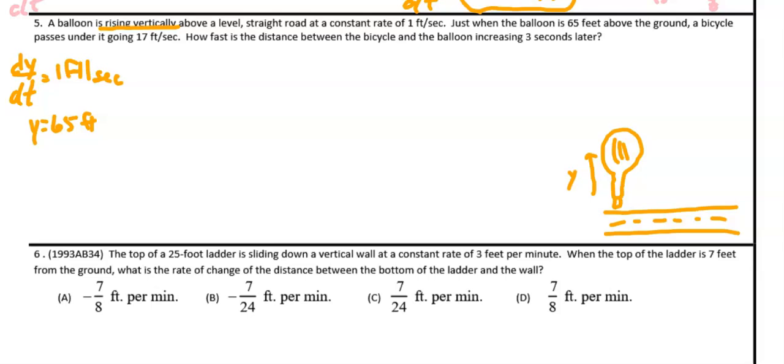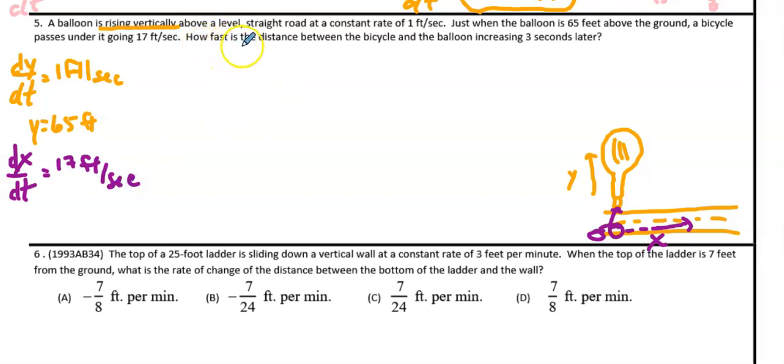So a bicycle is going to pass, and yes, there's my bicycle right there. It's passing underneath it and going 17 feet per second. So this is our change in x. The change in x with respect to time is going to be 17 feet per second.